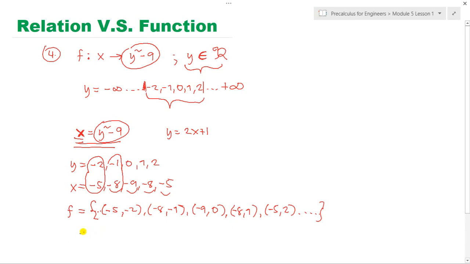So class, based on our judgment from the previous examples, since we are already given our ordered pairs here, what would be our answer? Is this a function or not?